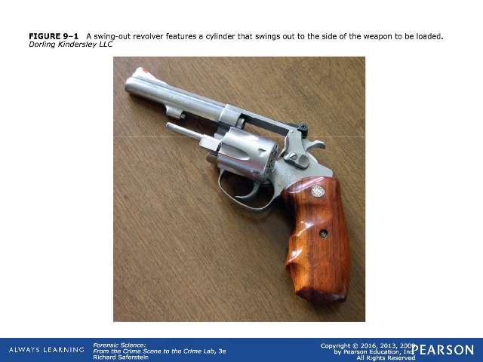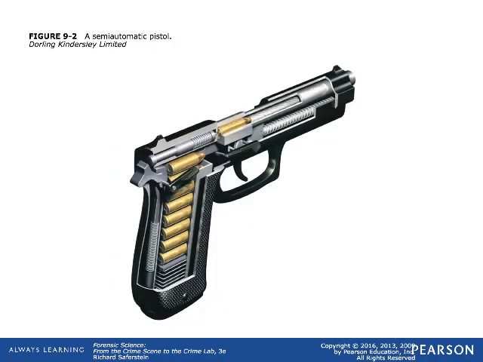Okay, so here's a picture of a swing out revolver. It's kind of like a Wild West kind of gun maybe. The cylinder swings out to the side and then the bullets are loaded into there. Then another picture is a semi-automatic pistol, and you can see how the bullets are going to be loaded into it.